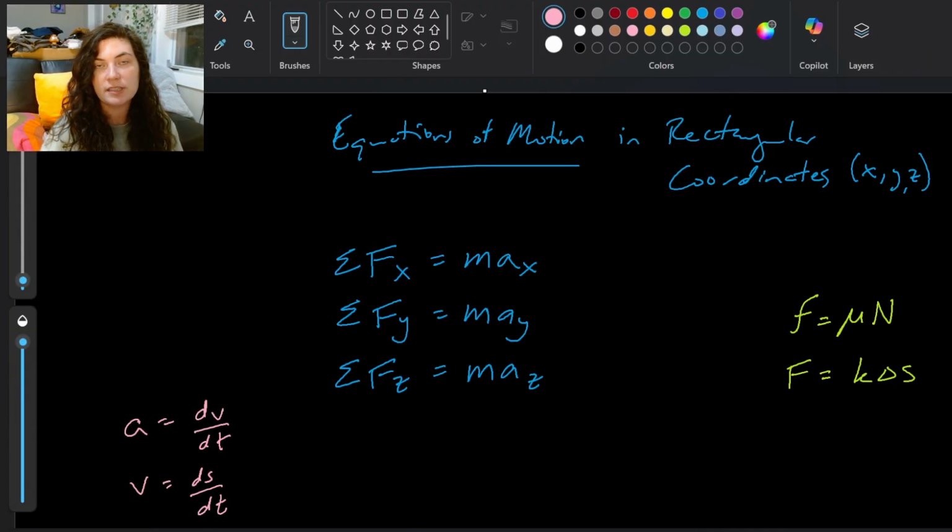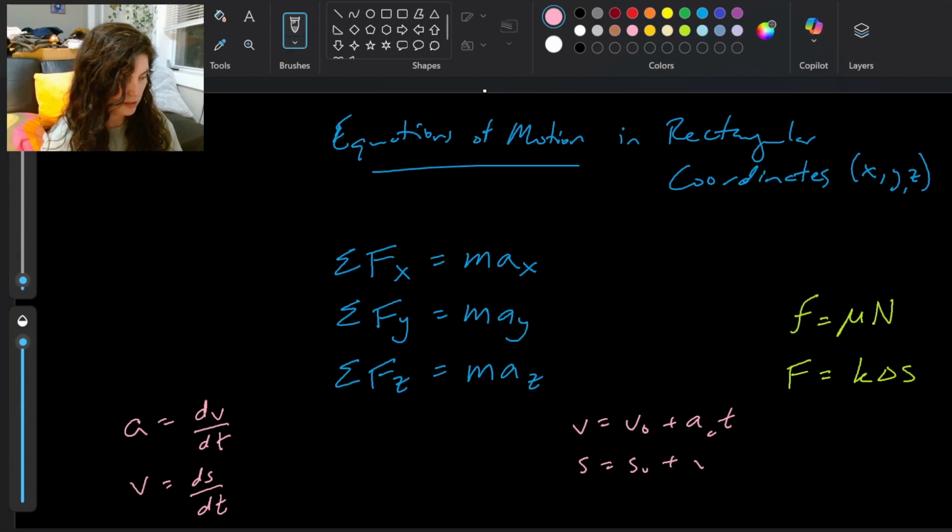We may also have problems where acceleration is constant, so we can use those kinematic equations: v equals v naught plus at, s equals s naught plus v naught t plus 1/2 at squared.